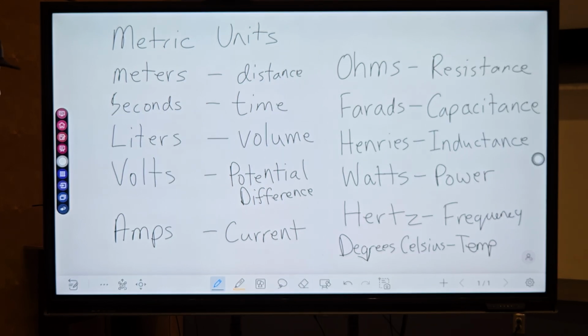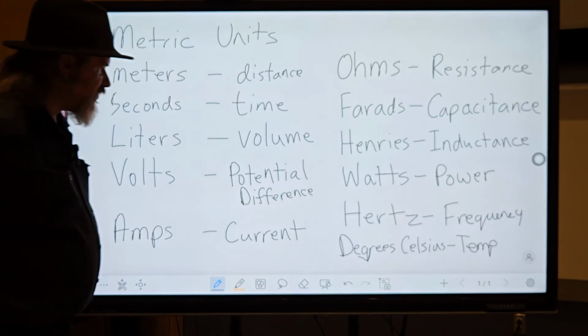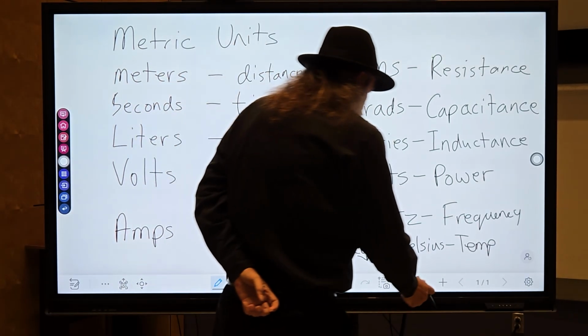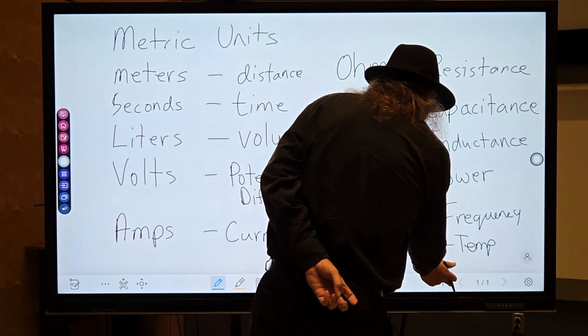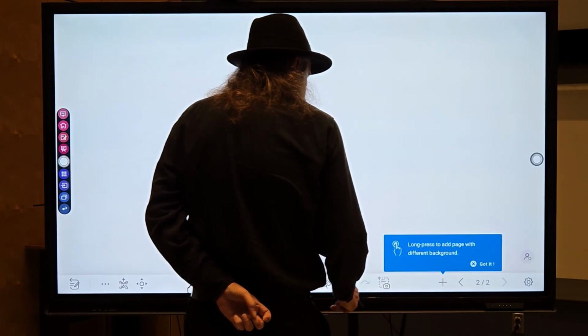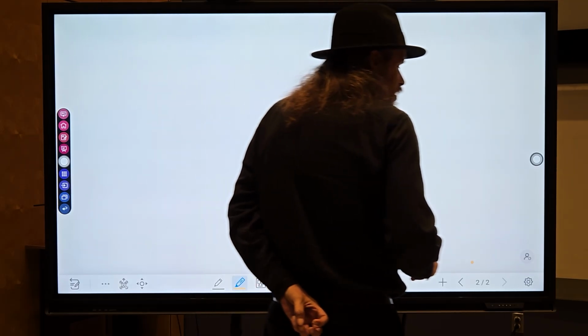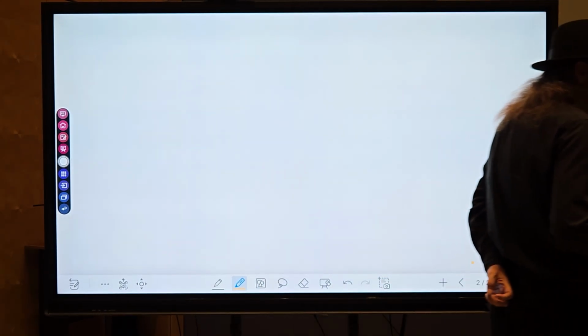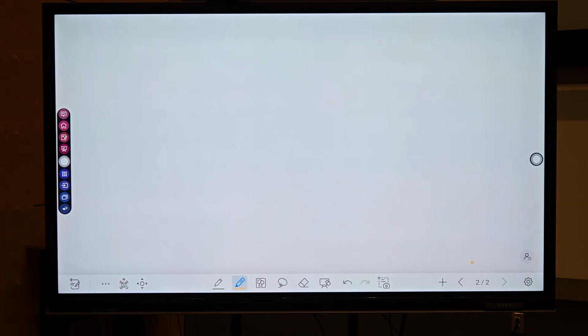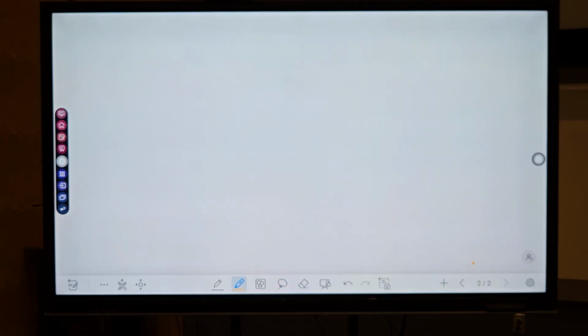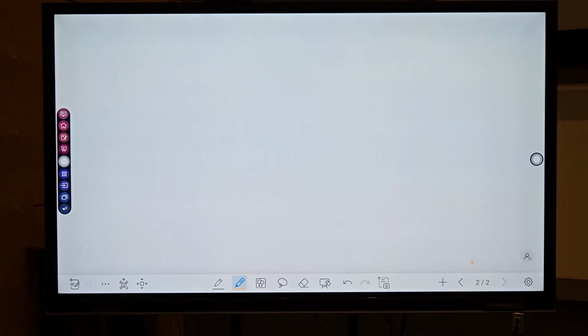The prefixes we have, because you don't always deal with the large units, the standard units that were just up on the board.